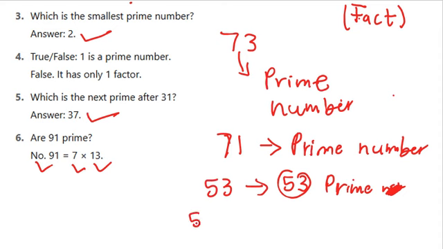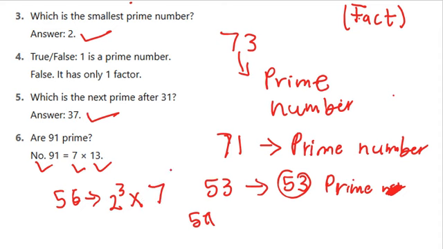Then let's check 56 that I was talking about. Punch in 56, equals, shift, the fact button. You get an answer of 2 to the power of 3 times 7.